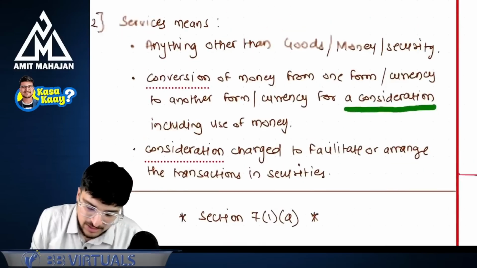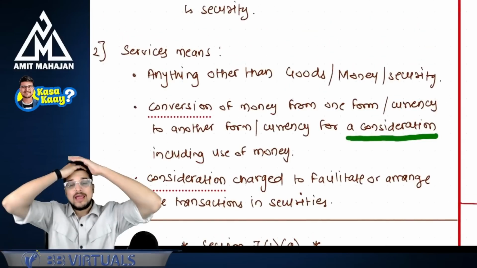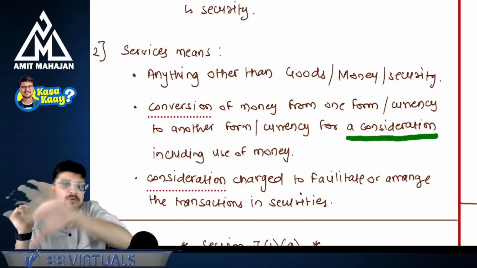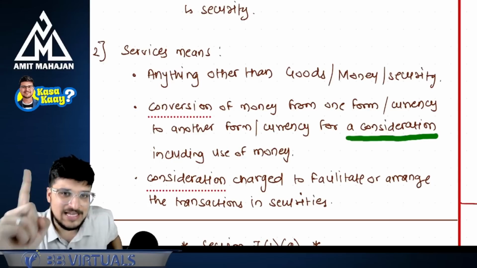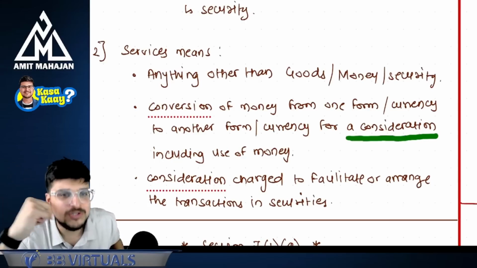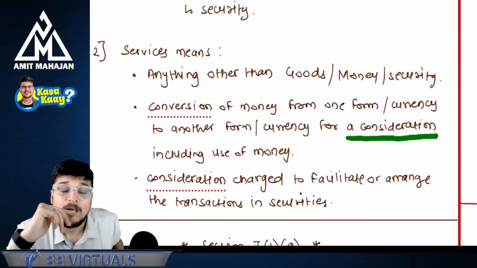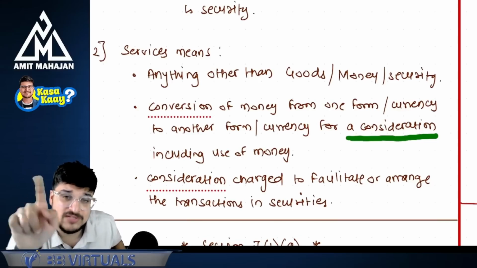Okay. So what is the meaning of service? Service means anything other than goods. If this is not goods, it will be considered as service. Can you tell me, as per the definition, sale of flat, what is it? Is it sale of goods? No. But it will be considered as supply of service.